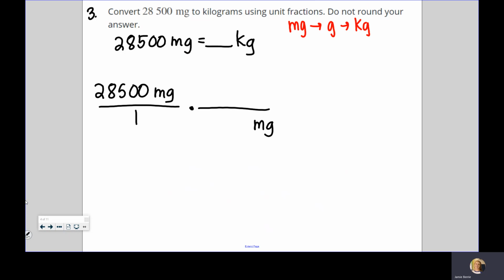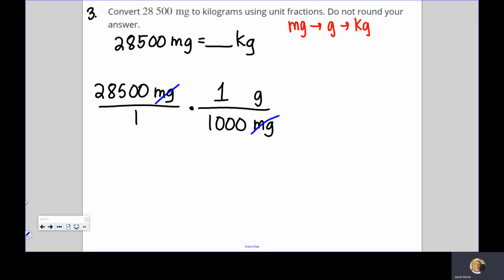We're going to go milligrams to grams. And we wrote down before that in 1 meter, there are 1,000 millimeters. So applying that here, in 1 gram, there are 1,000 milligrams. Go ahead and cancel out your common units, milligrams.